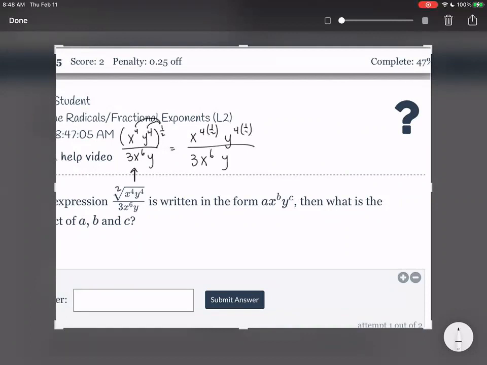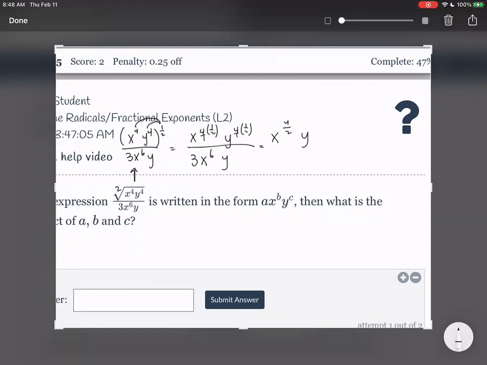Okay. Now simplifying the top some more, we have 4 times 1/2. 4 is the same thing as 4/1. So 4/1 times 1/2 would give us 4/2. And then same thing for the y. y is 4 times 1/2 as well. Remember, that's 4/1.